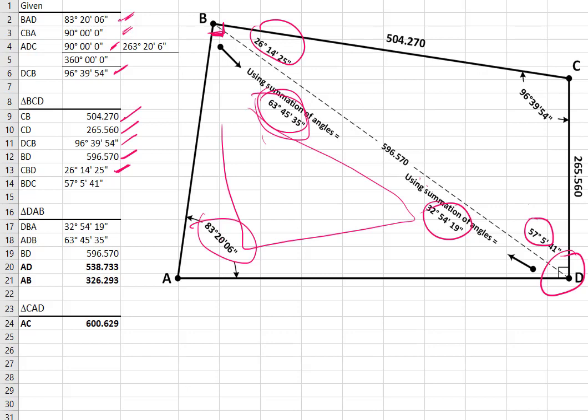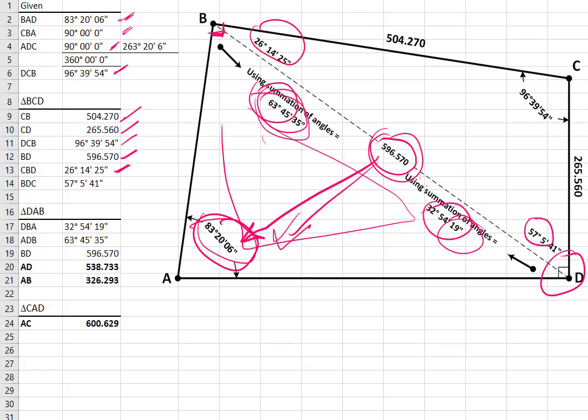Now what do we have? We have a triangle that has this angle known, the opposite angle to it, which is 83, is also known, and we have the other two angles. This is a perfect application for the law of sines. So this side and the opposite angle, the sine of the opposite angle, must equal, for example, AD and the opposite angle to AD, which is 63, from which we can calculate AD.